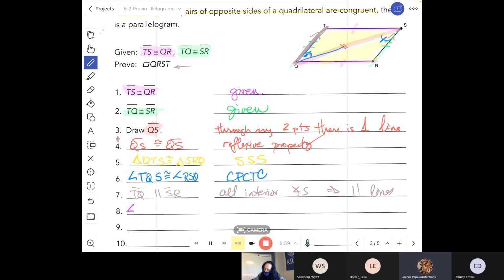Okay, so now maybe I'm looking at these. Maybe TSQ is congruent to SQR. And how do we know? CPCTC, because they're parts of the congruent triangles that we just showed.